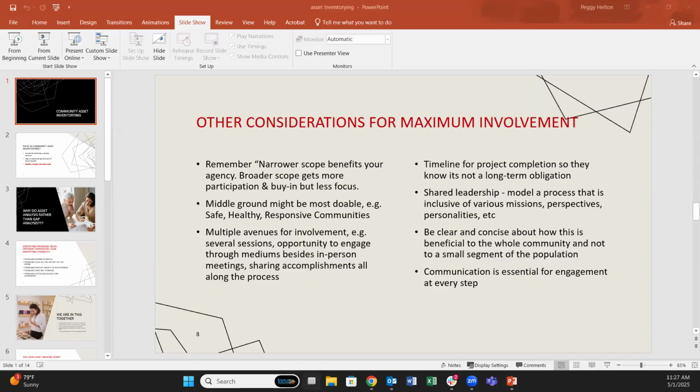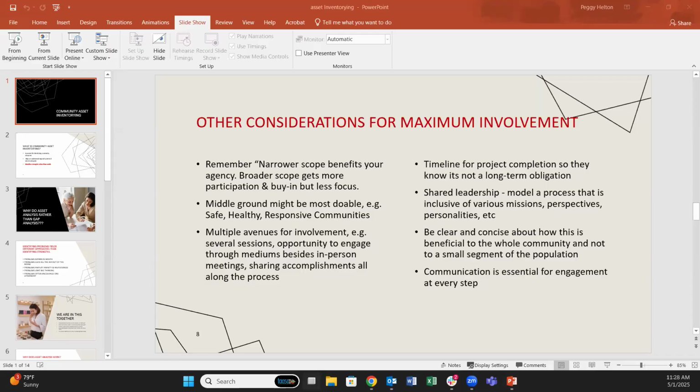You want to be real clear and concise about how this benefits the whole community and not just a small segment of the population. So again, some of that has to do with marketing. Some of that has to do with how you wrap up each meeting, even how you present the meeting notes or the minutes and those kinds of things, to make sure they're not skewed in one direction where people feel a little less valued or listened to.